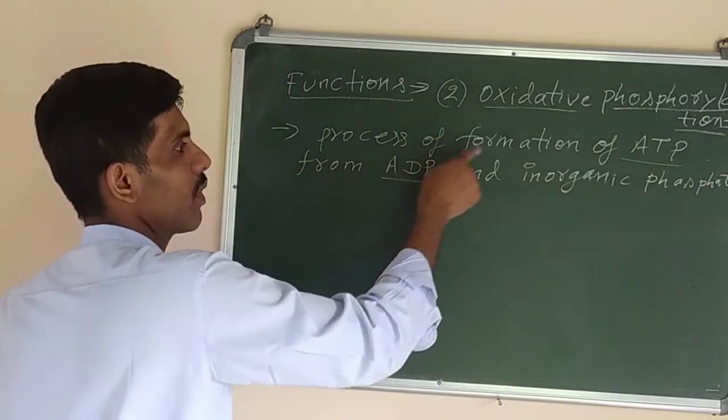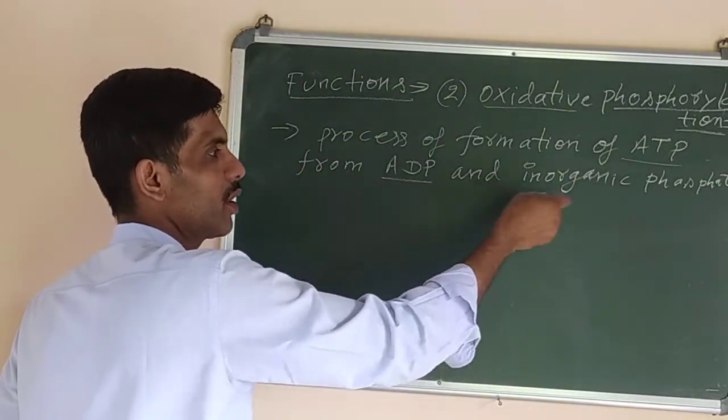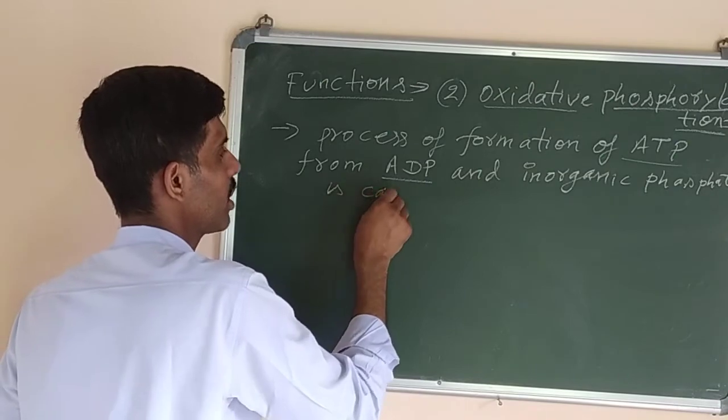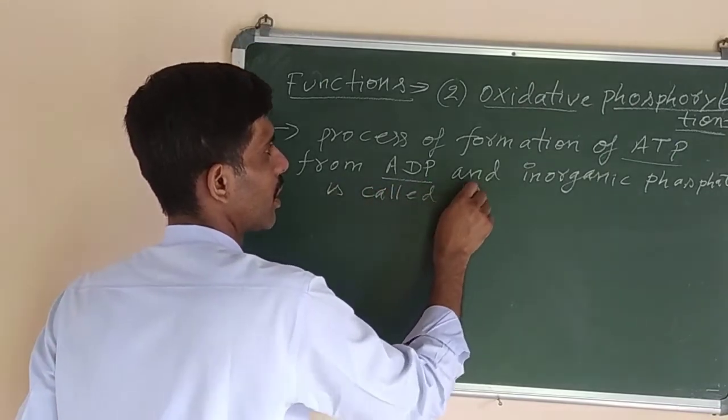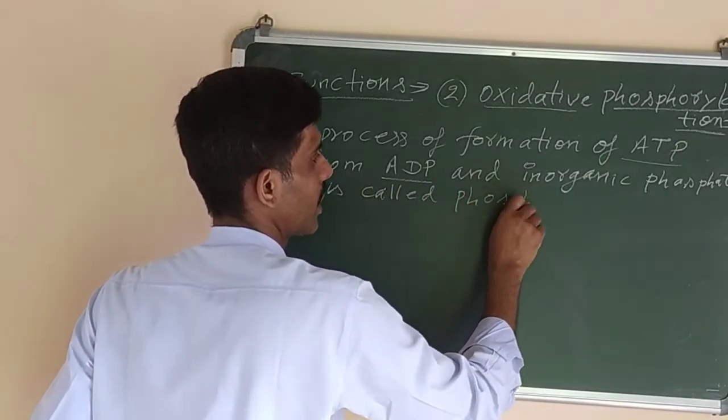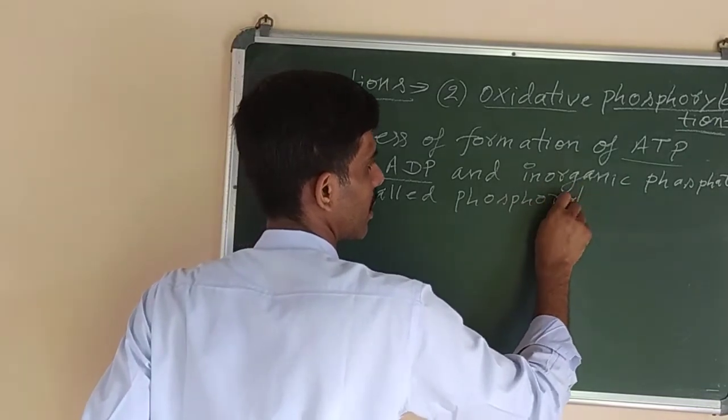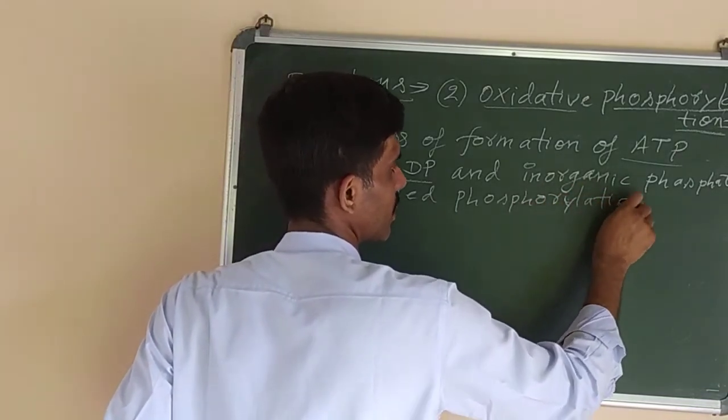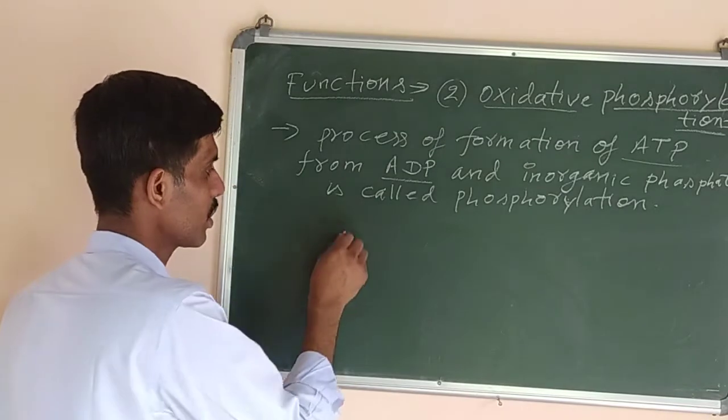Okay, the process of formation of ATP from ADP and inorganic phosphate is called phosphorylation. Now I'll show you with the help of an equation also.